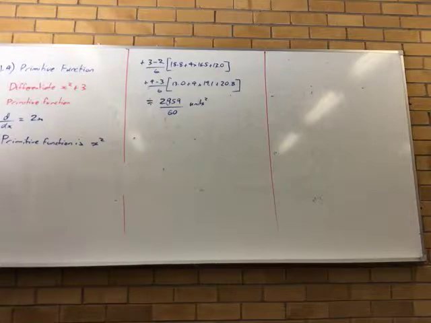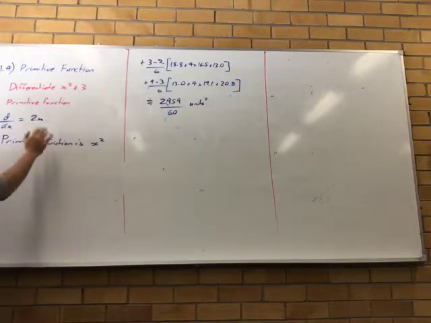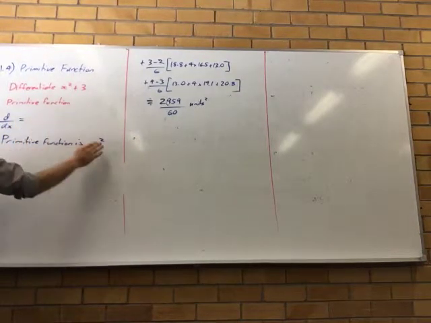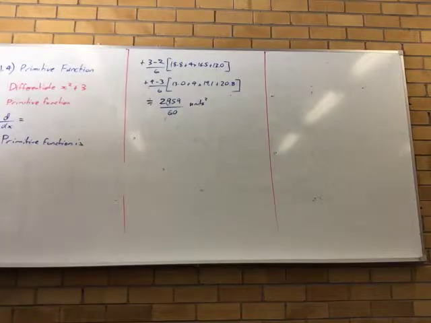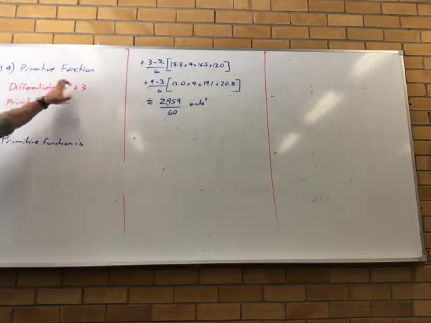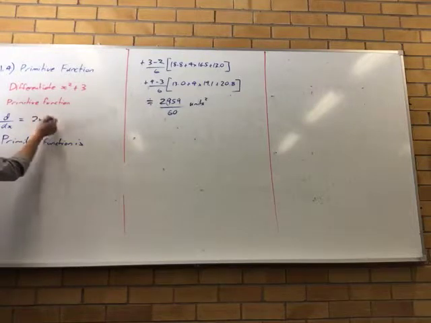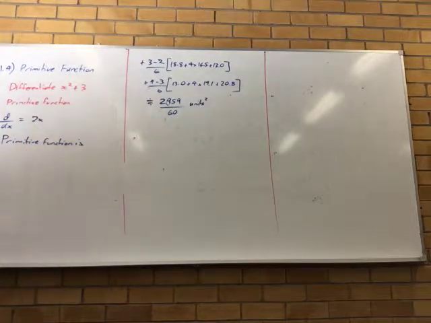Alright, B: x squared plus 3, and then hence write down the primitive function. So when you differentiate this, bring down the power, 2x, and of course we all remember when you differentiate a constant you get 0. So the derivative is still 2x.